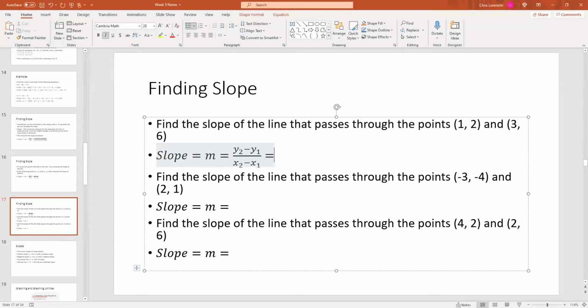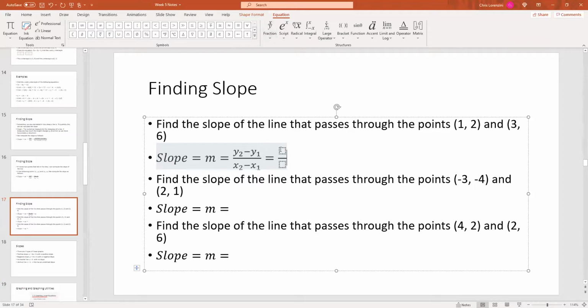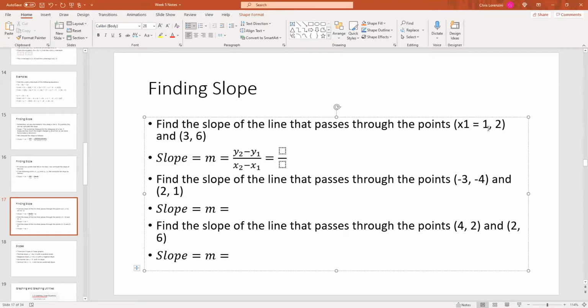So let's talk about how we solve for the slope of a line. We have a line that goes through the points (1, 2) and (3, 6). What we're going to do is pick one of the points and call it x1, y1.